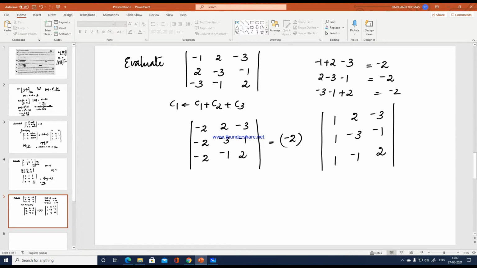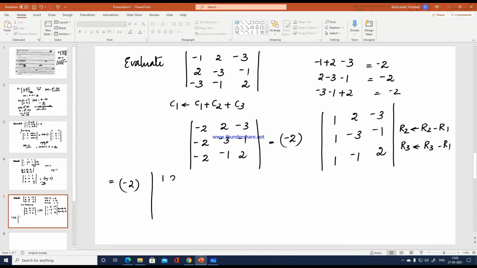Okay, now what can we do next? In order to simplify, we can subtract the first row from the second and the third row. So R2 is R2 minus R1 as well as R3 is equal to R3 minus R1. So let's see how it goes. So minus 2 into, don't forget to write the minus 2.